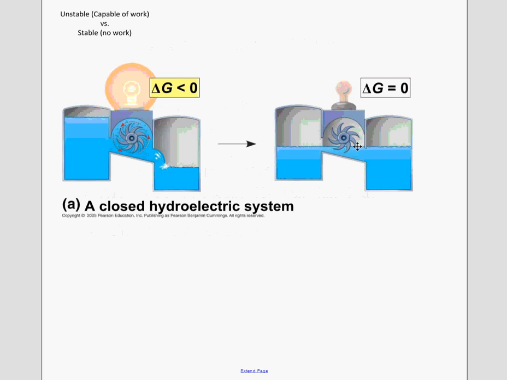And so let's look here. This shows us a simple system that's closed. And in a closed system, what we mean by closed is no energy is coming in, no energy is going out. The system is 100% efficient.